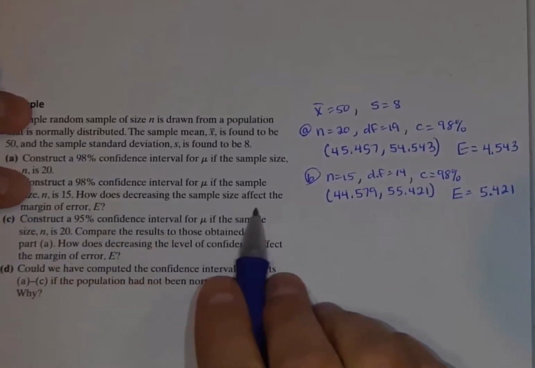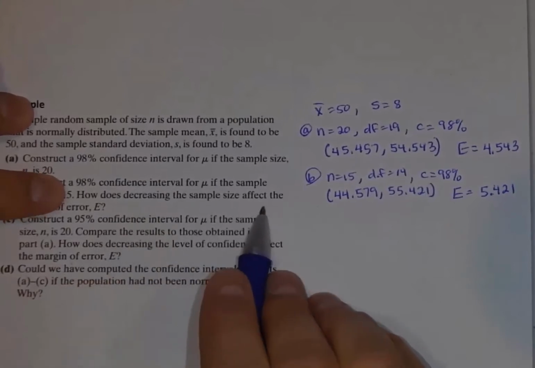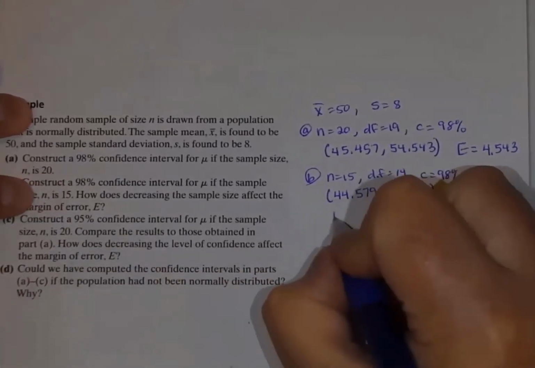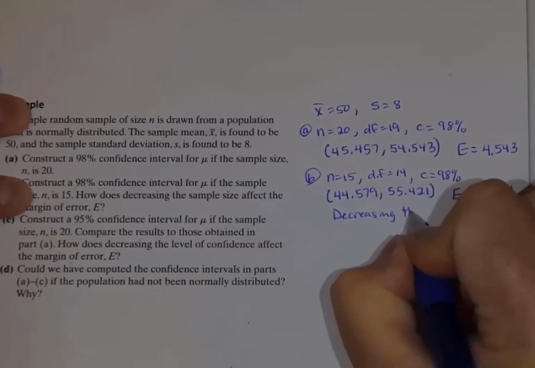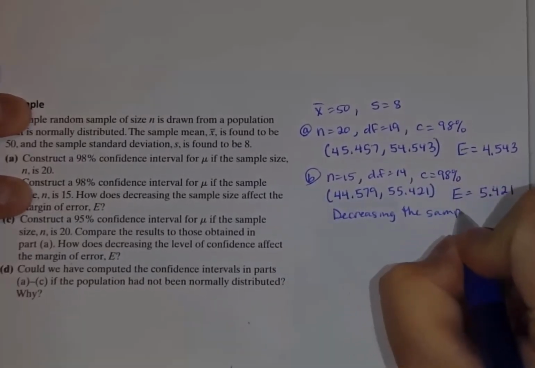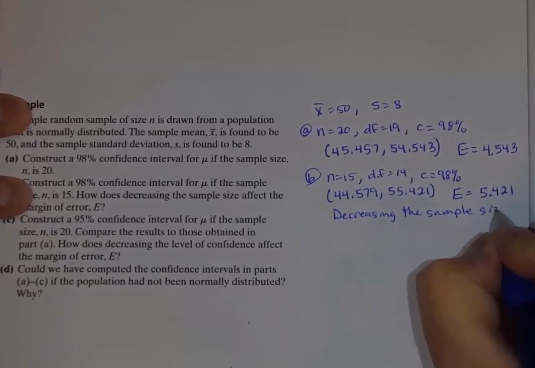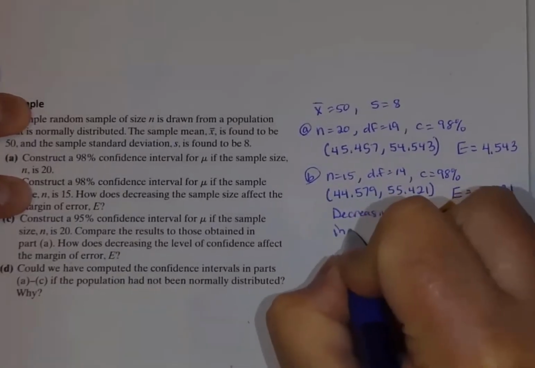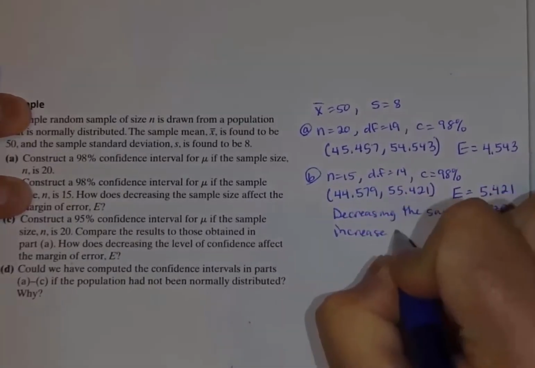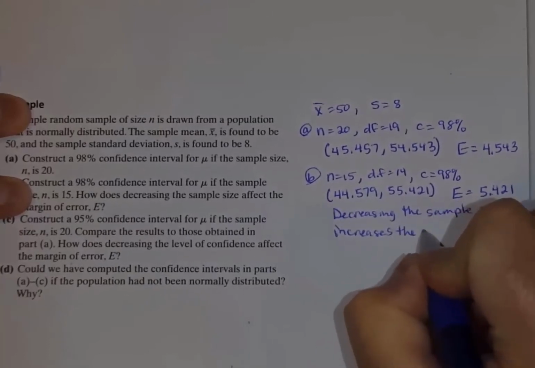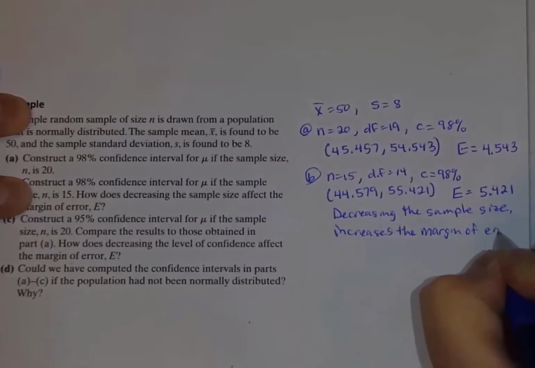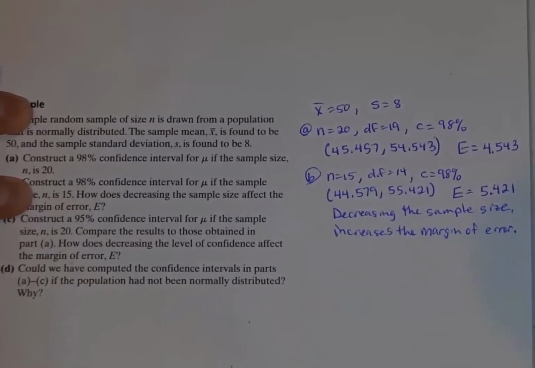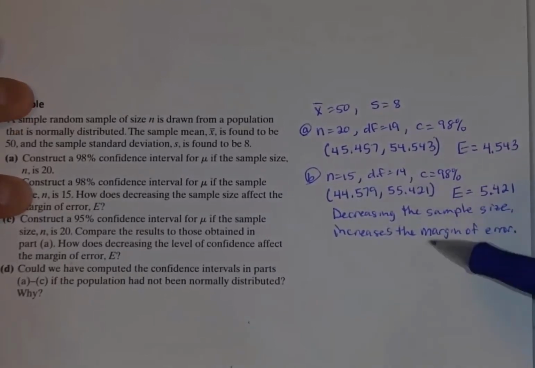Now, to directly answer the question here, how does decreasing the sample size affect the margin of error? Decreasing the sample size increases the margin of error. So that's the point of the question.